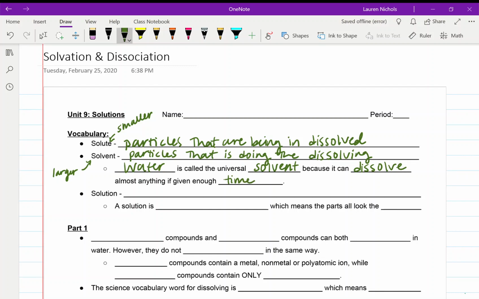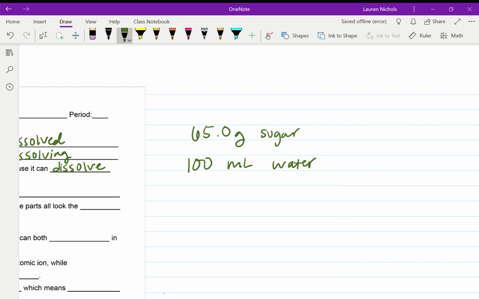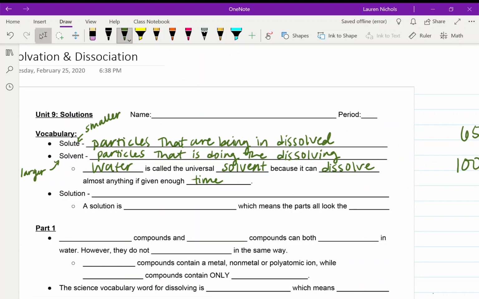Okay, so for example, let's say I tell you you have 65 grams of sugar and 100 milliliters of water, and I'm mixing them together, and I ask you, what is the solute and what is the solvent? Well, as soon as you see water, water is always the solvent when given a choice. But not all solutions are going to be something plus water, because a solution is really any homogeneous mixture.